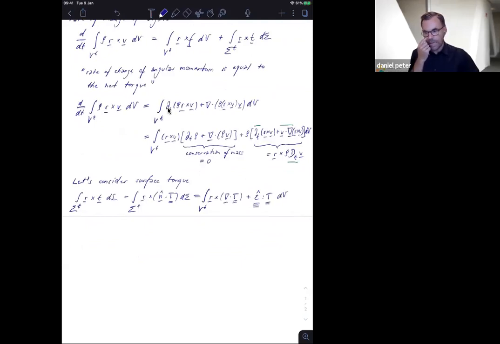So what is this epsilon hat? You see it has 3 bars below, so it's a third order tensor that we use. It's easier to explain, for example, since you are probably familiar with the Kronecker delta.